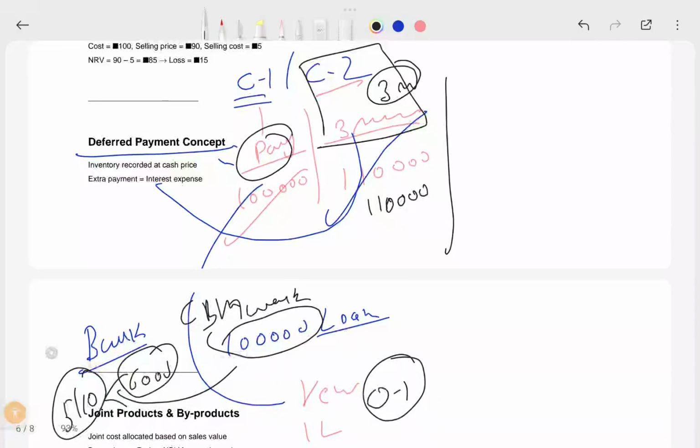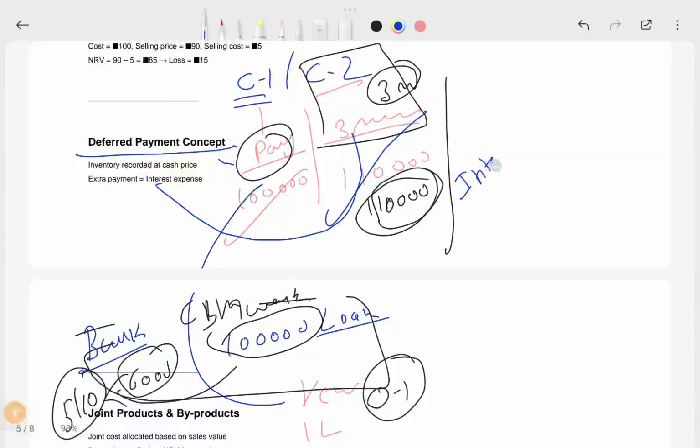Complications are included and a lot of time is involved. So they don't want to waste this time. So they took the goods for 1,10,000 and repay that 1,10,000 after 3 months. In this case, what is this extra 10,000 for? This extra 10,000 is hidden interest. This interest is collected from us by the vendor for giving the time from period 0 to 3 months. So this is called interest.